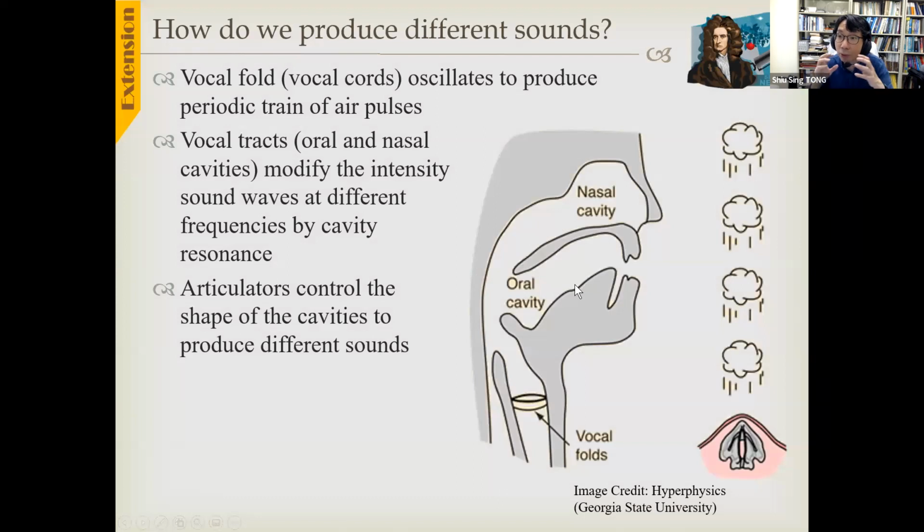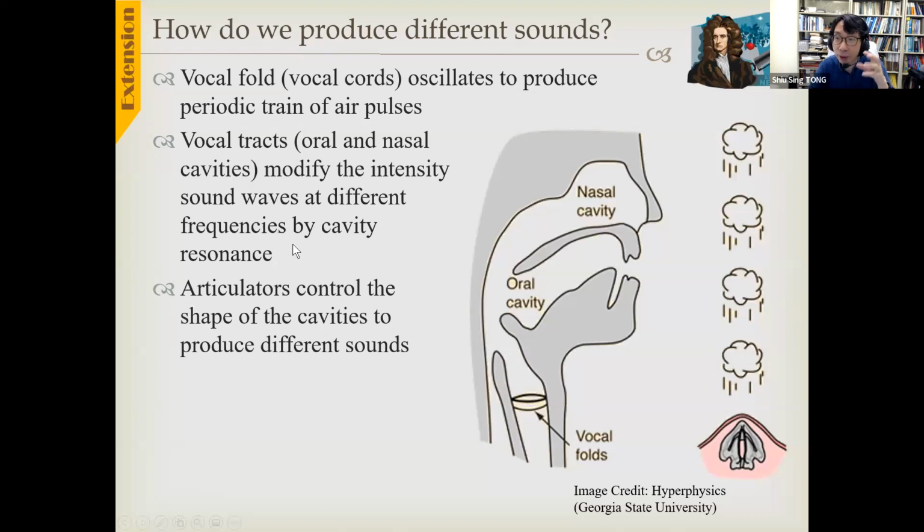When you modify the shape of your mouth, when you close your mouth and when you open your mouth wide, you vary the shape and the dimension of the so-called oral and nasal cavity, especially your oral cavity. That produces resonance with sound waves of different frequency, and you amplify those sound waves.